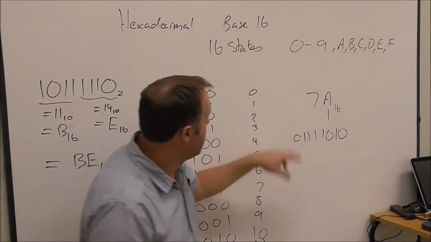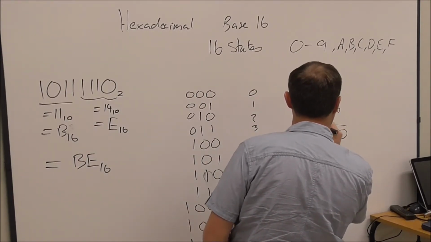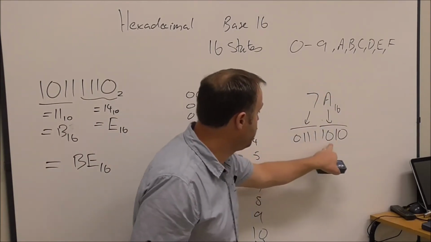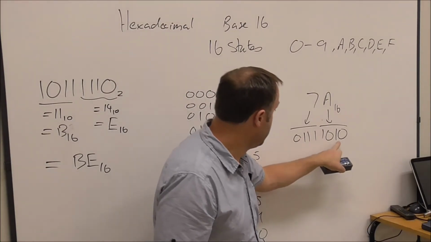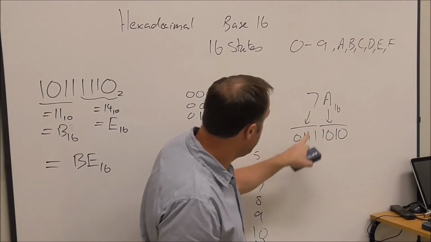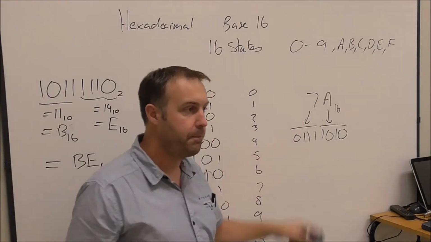So all I'm doing here is writing binary digits that represent A in hexadecimal, and then before that the binary digits that represent 7 in hexadecimal.